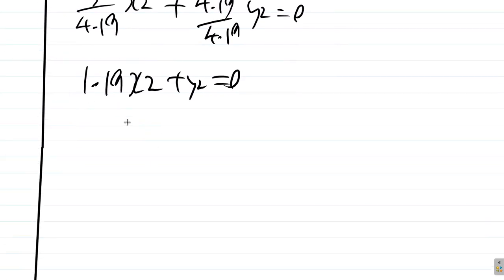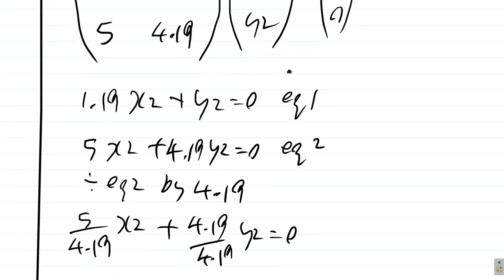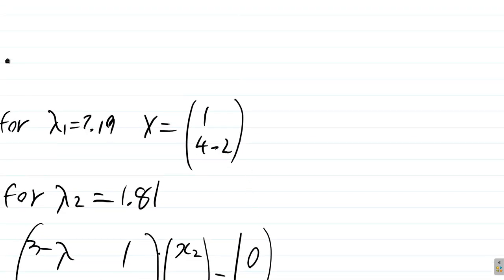So y2 equals negative 1.19 x2. By the way, I keep seeing the 1.19 turn up, and I had said 4.2 looks neater than 4.19, but with all of these 0.19s, let's make it 4.19 then, just for consistency throughout.